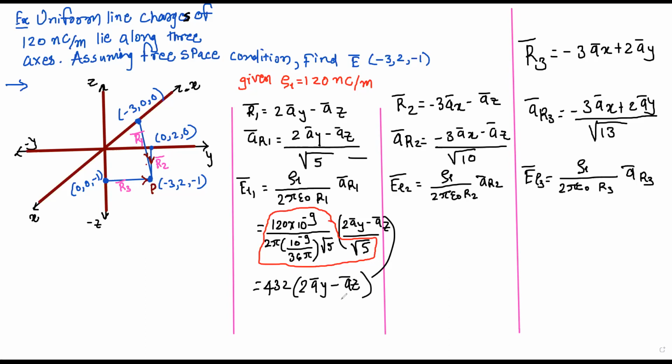The final answer that I can get for EL1 is equal to 864 a bar y minus 432 a bar z. Correct, absolutely correct. What is the unit? Volts per meter.